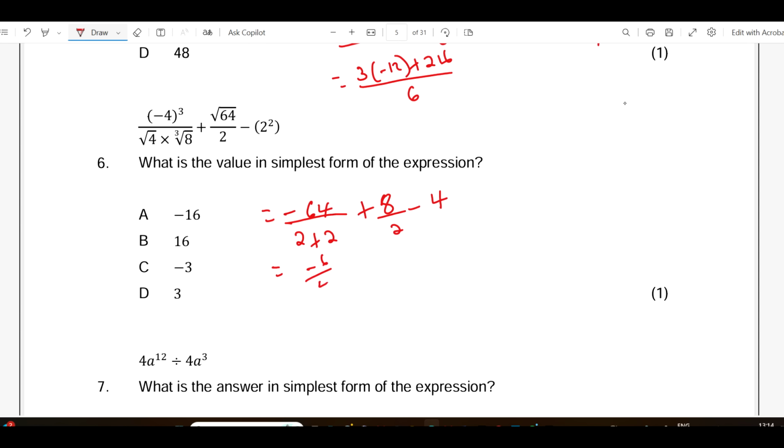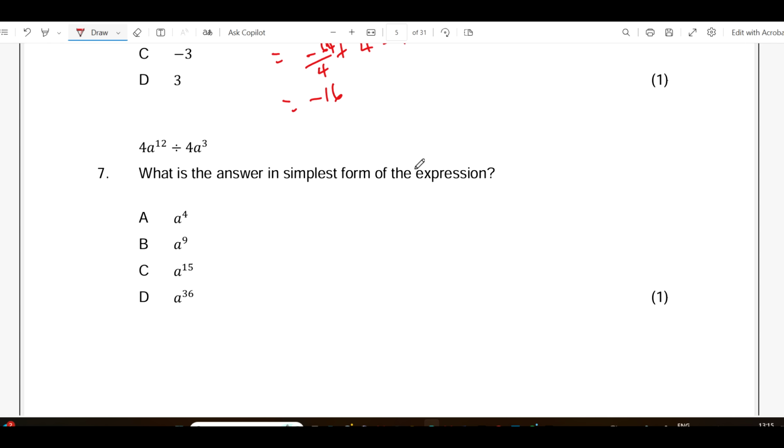Negative 64 over 4 is negative 16, plus 8 divided by 2 is 4, minus 4. And 4 minus 4 is 0. The correct answer is A.